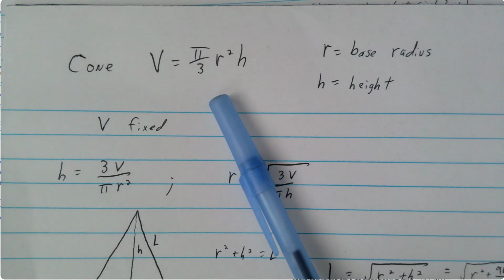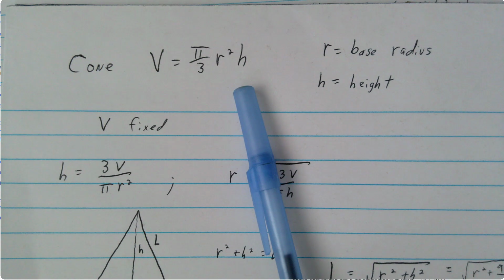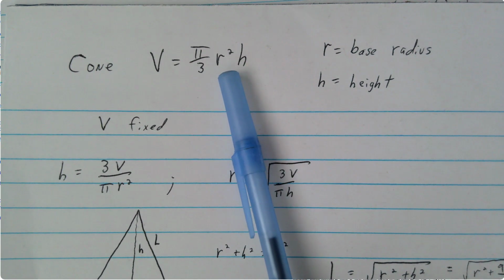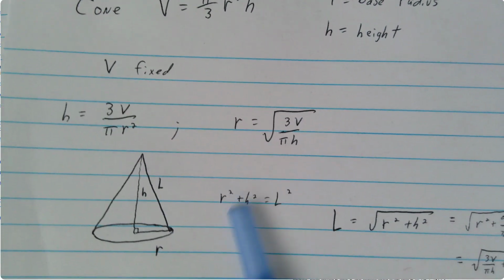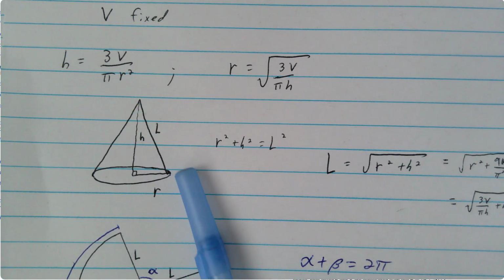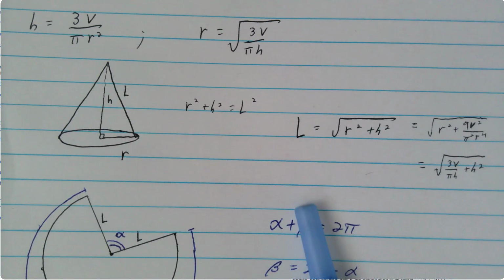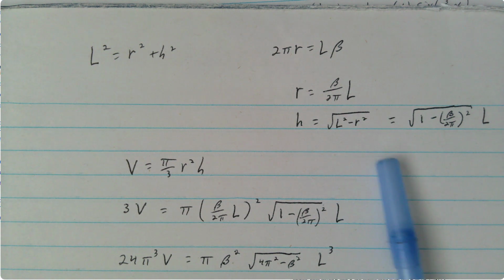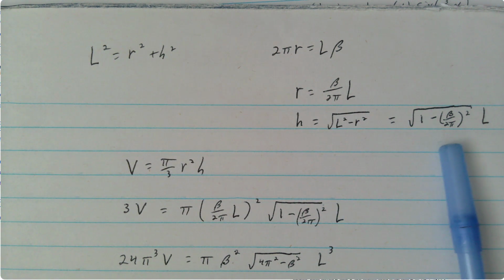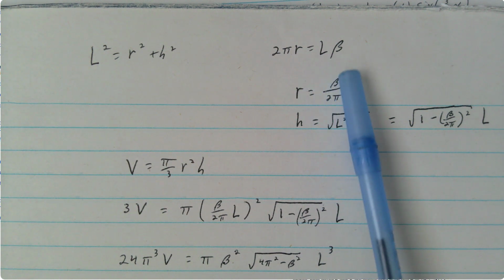So you have a cone, volume, let's say it's fixed, pi over 3 r squared h. So changing r or h will force the other to be changed, like so. And then the slant length is related to h and r through this Pythagorean identity. So again, we saw this identity. So h is the square root of L squared minus r squared, but r is L beta over 2 pi.